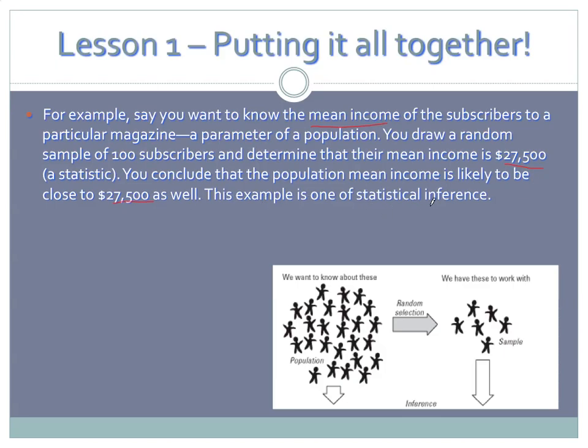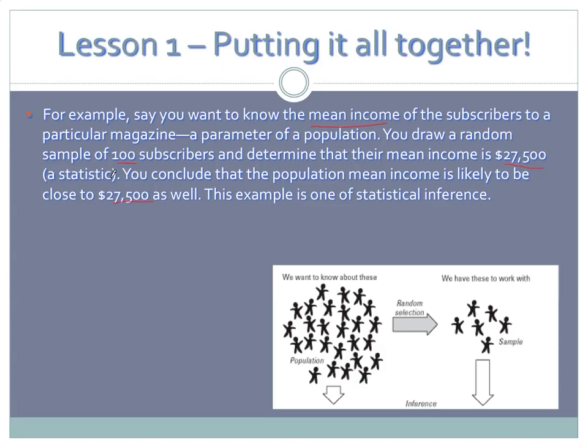This is an example of statistical inference. All right, we want to find out the mean income of subscribers of a magazine. Well, we can't easily survey all the subscribers, so we get a sample group of 100 subscribers. We ask them their income anonymously, and when we averaged all the incomes, we got $27,500.